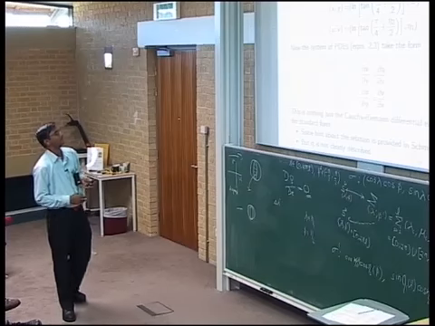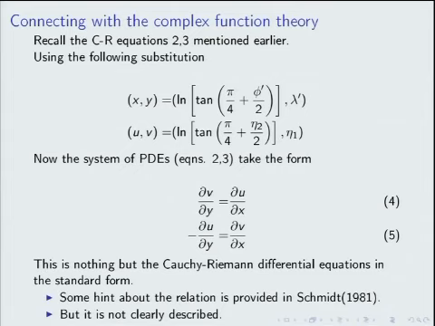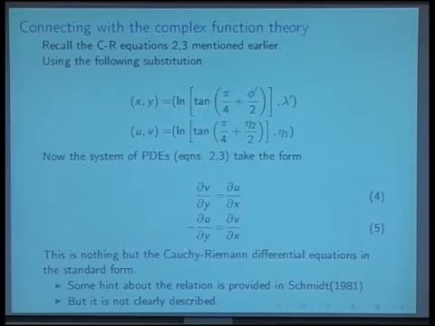To do that, I take the Cauchy-Riemann equation mentioned in the previous slides and do a change of variable. This change of variable brings it into this form. Now you could identify this as a Cauchy-Riemann equation in the standard form.